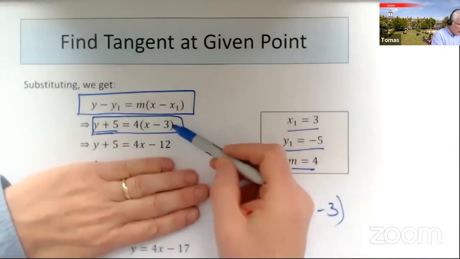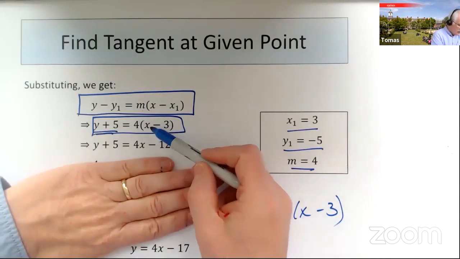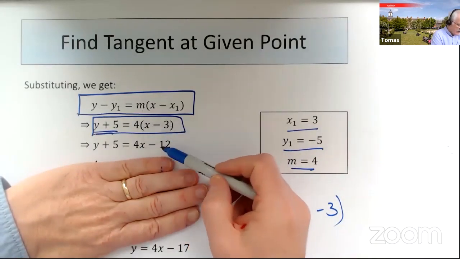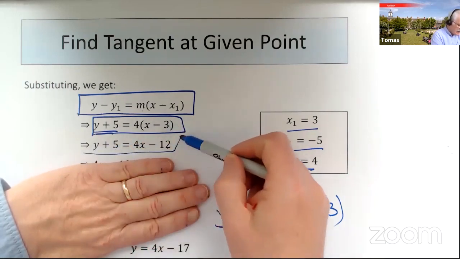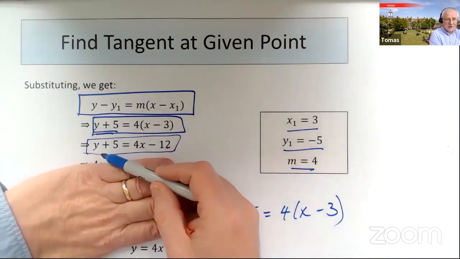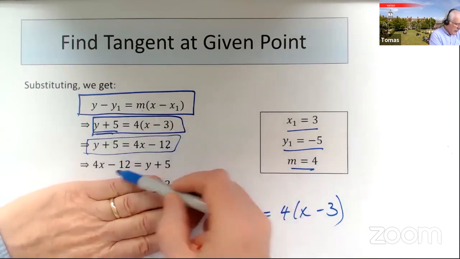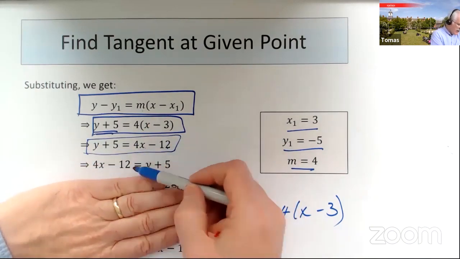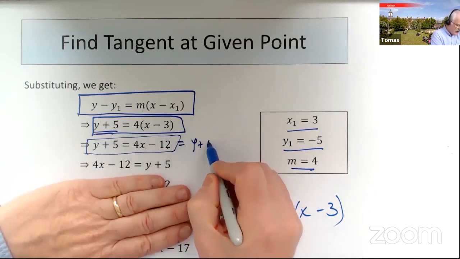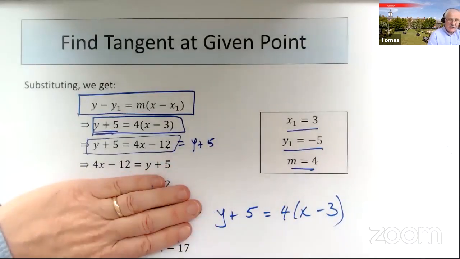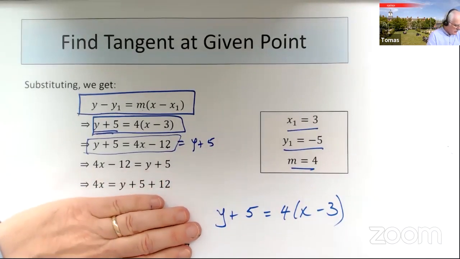I'm going to multiply in: 4 times x is 4x, 4 by minus 3 is minus 12. So it's a bit better, but we still have too much on the left-hand side. I'm going to turn it around: 4x minus 12 is y plus 5.